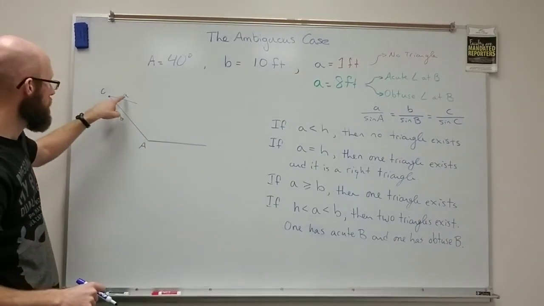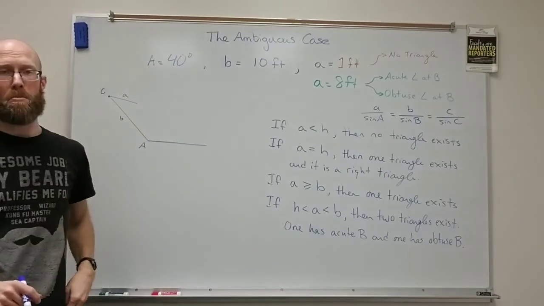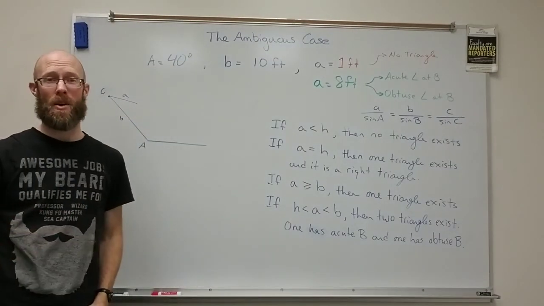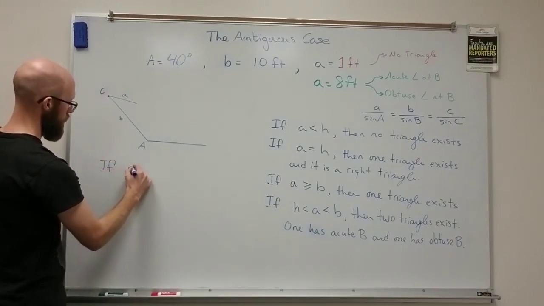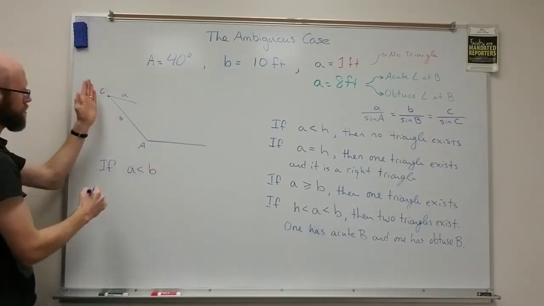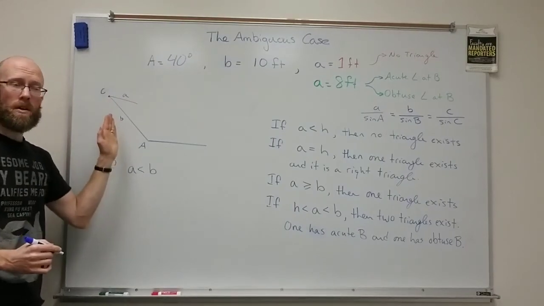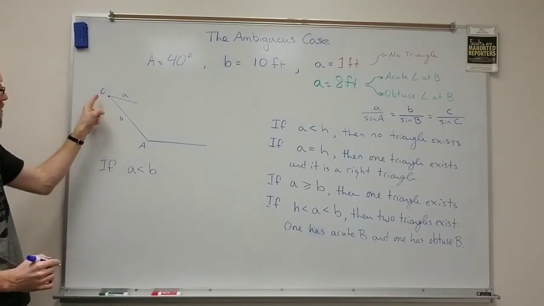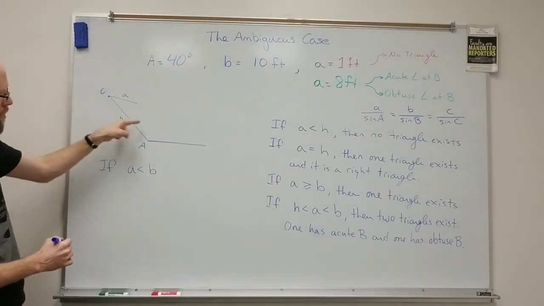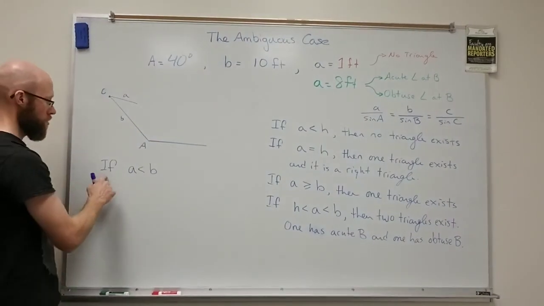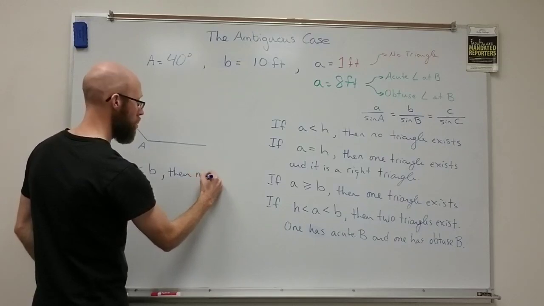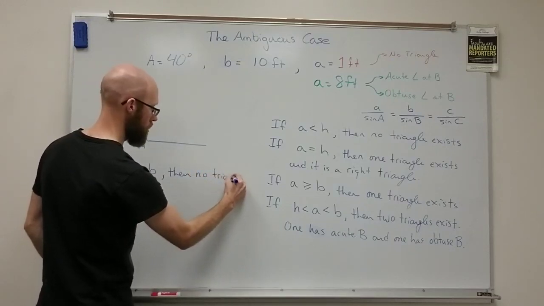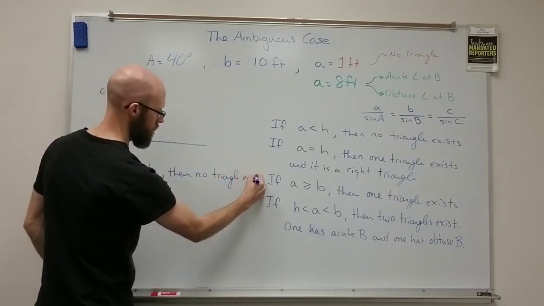Basically, side A has to be longer than side B in order to have any triangle at all. So if A is less than B, you don't have to worry about the perpendicular side this time, because that doesn't matter so much. It has to be longer than B in order to get down to the other side. So if A is less than B, then no triangle exists.